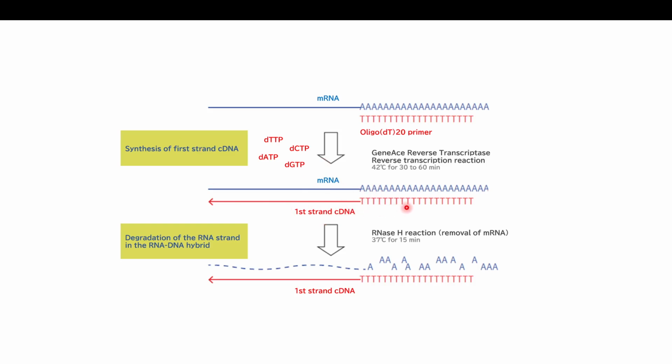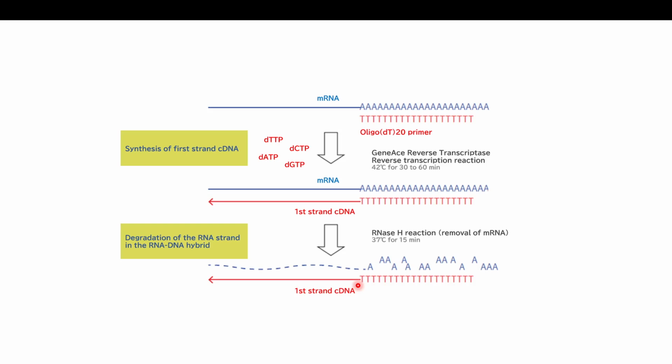Now you don't really want your mRNA. When you already have the cDNA, you add in an RNase enzyme which removes the mRNA, and then you have this first strand cDNA present. Now only one strand of cDNA won't really help, as we saw. It is very less in number, suppose only one molecule is there.